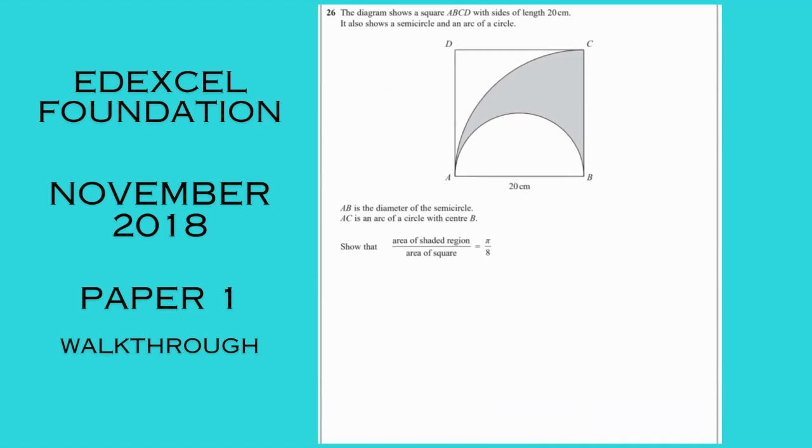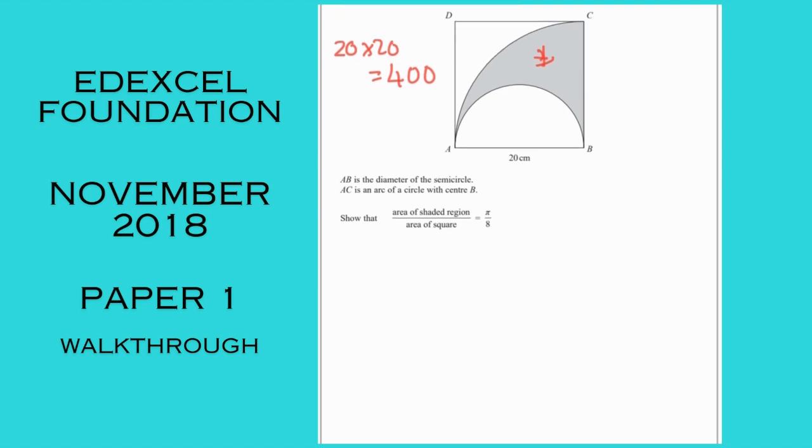So lots of waffle, but it's all about area. So area of the square is the first thing. It's a 20 by 20 square. It's 400. Now, how do we find the area of the shaded? Well, let's look for the area of the quarter circle first.